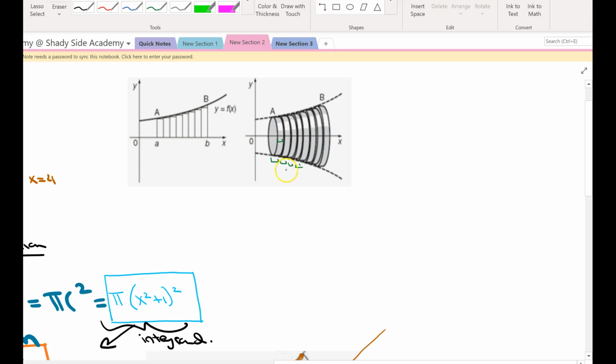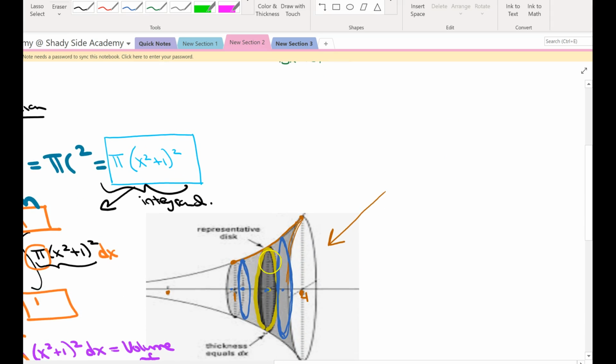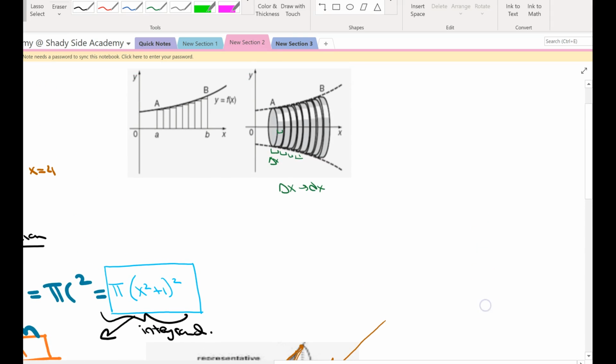As we put in more of these disks, the delta x's approach dx's, and these solid cylinders become circular subintervals. Once again, the whole idea is infinite subintervals between A and B.